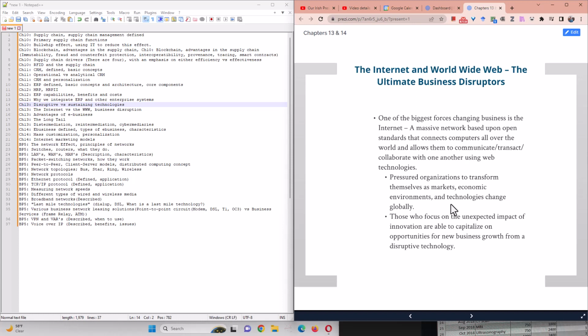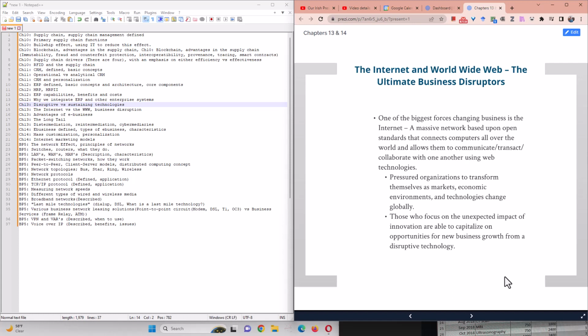Recognize that the internet, which really is a global network, and its evolving standards and technologies, coupled with the World Wide Web, created an infrastructure that, once certain companies began using it, simply transformed them, since so much of business is communication and collaboration.